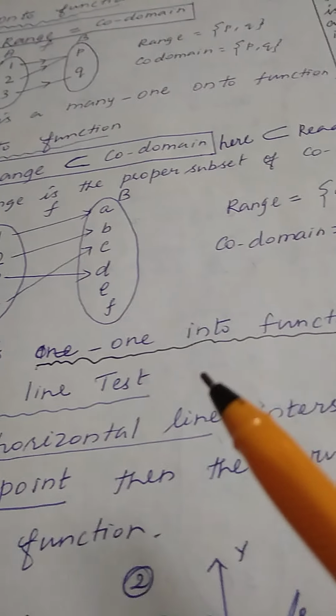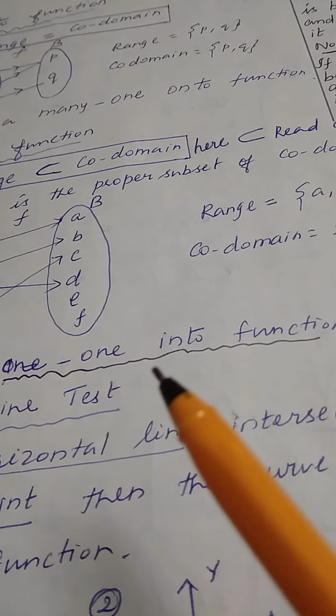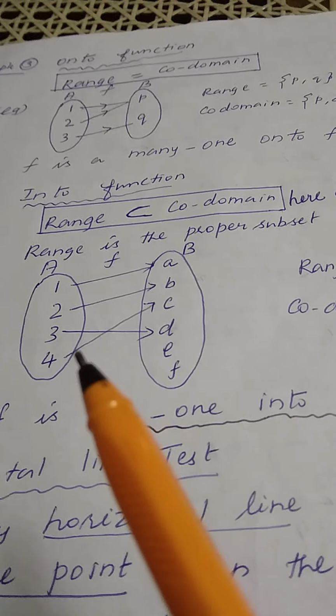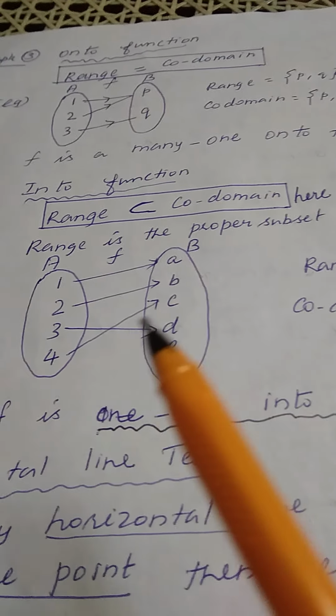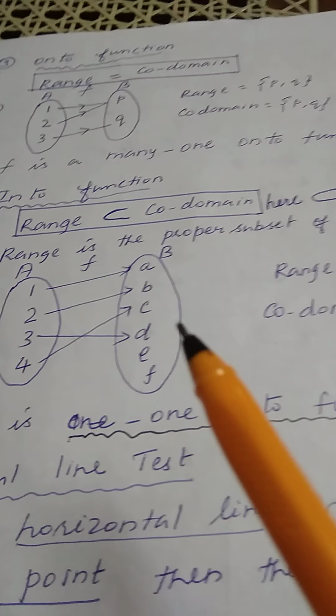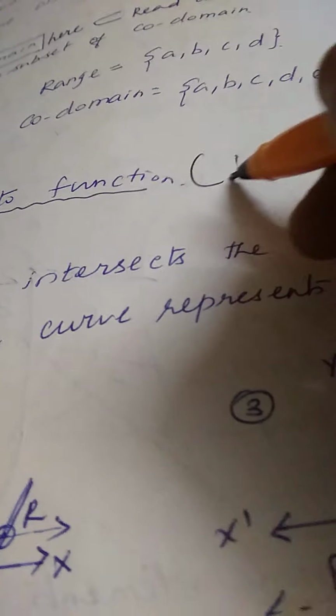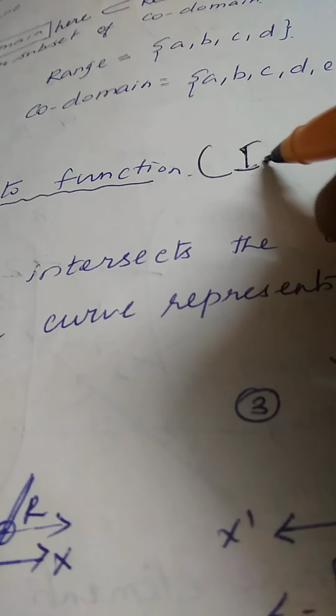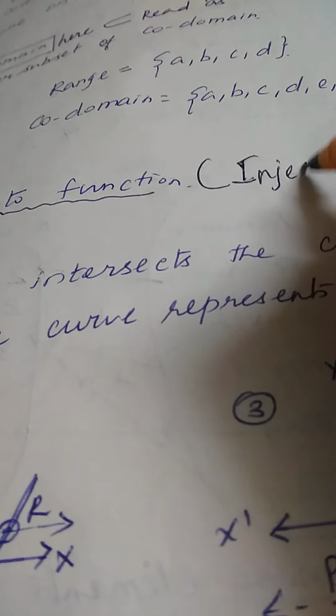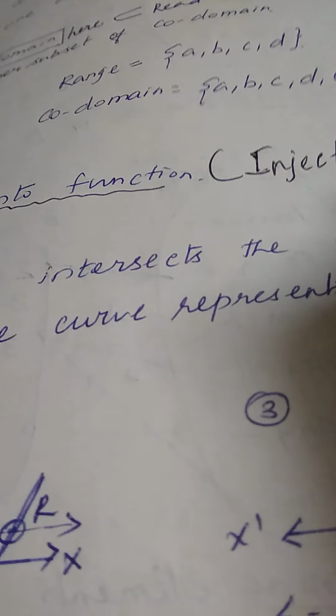Here we can say F is a one-to-one into function. One-to-one into function means distinct elements in A have distinct images in B. The other name for one-to-one into function is injection. So, a single word: injection.